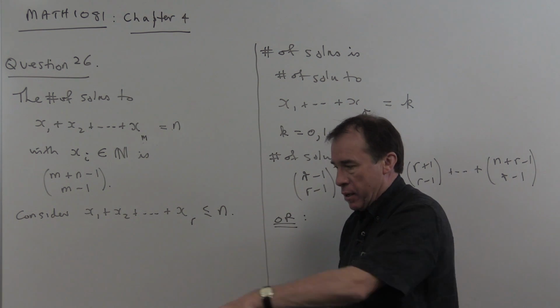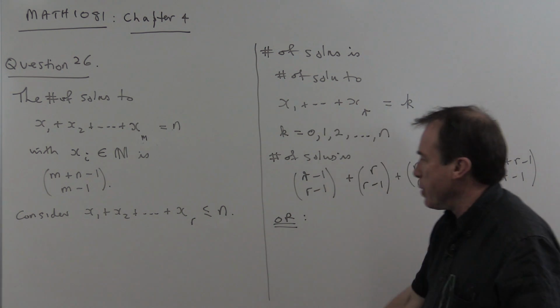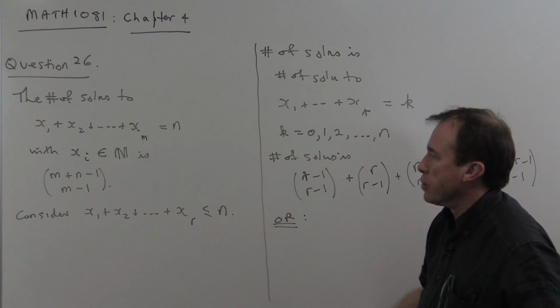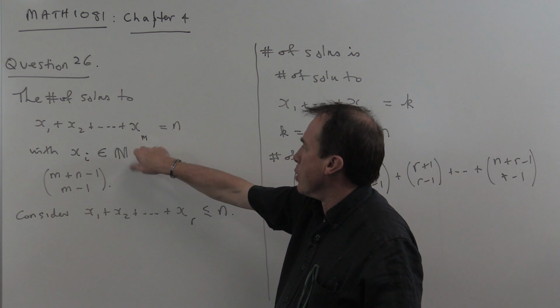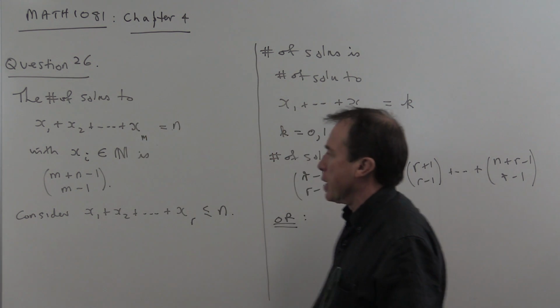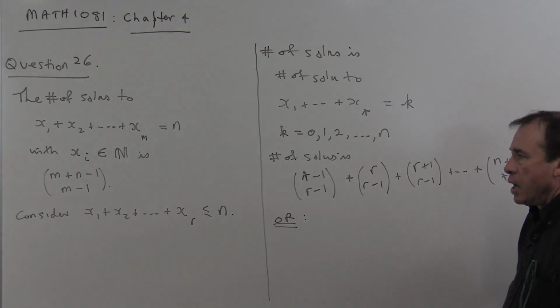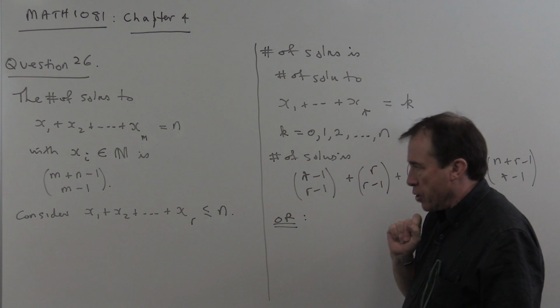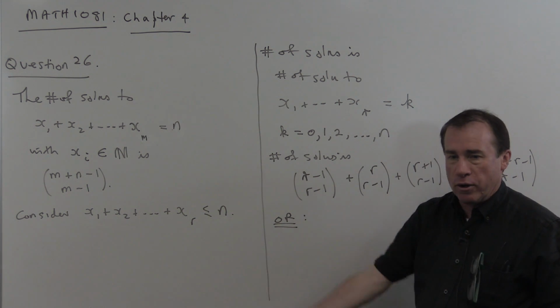I've got a number of urns in front of me and n marbles, and I'm going to toss the marbles into the urns. So up here I've got m urns and n marbles, and we know what the formula is in this particular case. So when I want less than or equal to n, all I'm going to do is add in an extra urn.